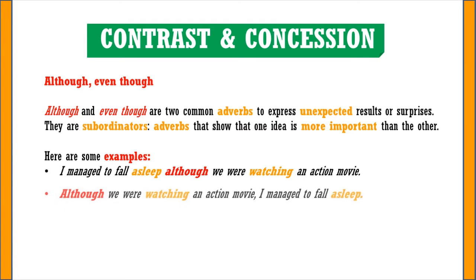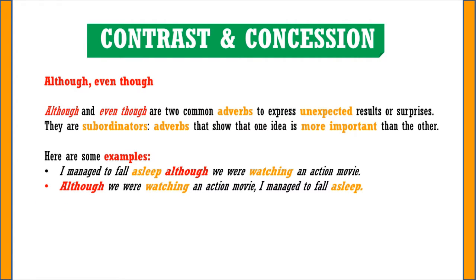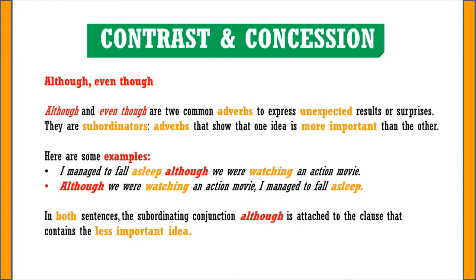For example, although we were watching an action movie, I managed to fall asleep. In both sentences, the subordinating conjunction although is attached to the clause that contains the less important idea. Although we were watching an action movie cannot stand alone as a sentence. It is a subordinate clause.